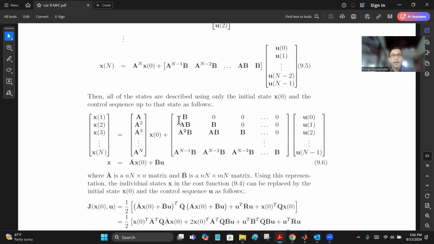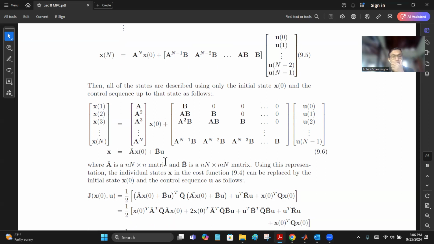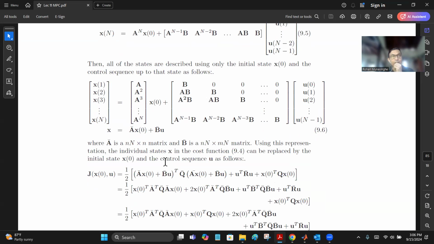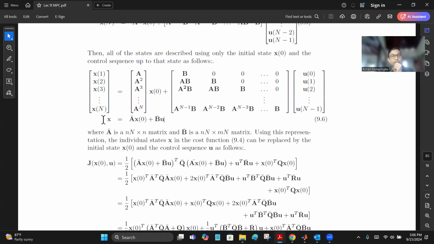This particular vector, let's write as b bar. And this vector, all of the control signals prepared as a column, as u. Now we have an expression for x, which is a bar x0 plus b bar u, and write it down somewhere else.